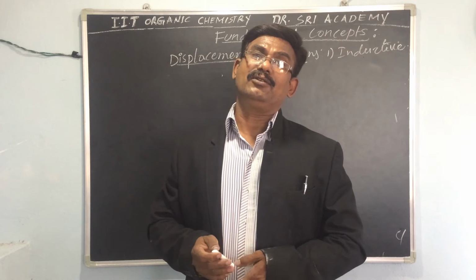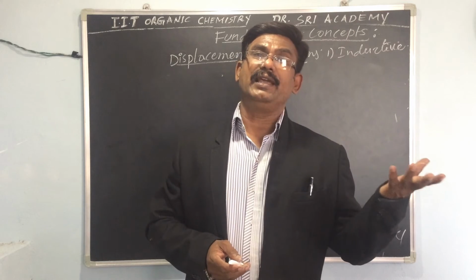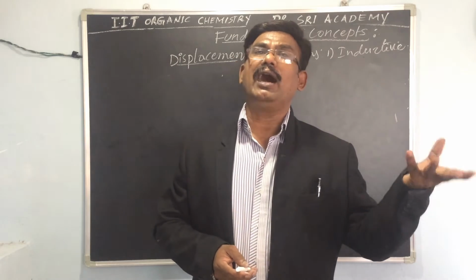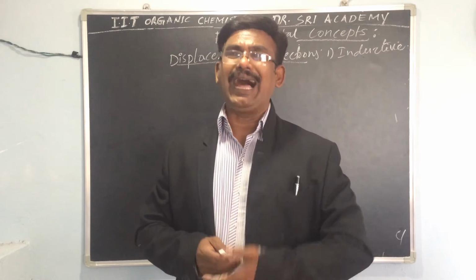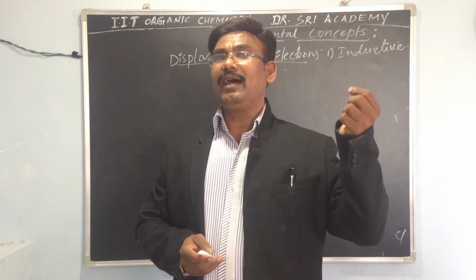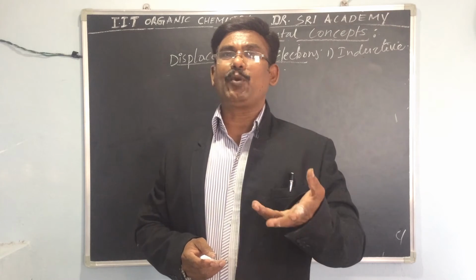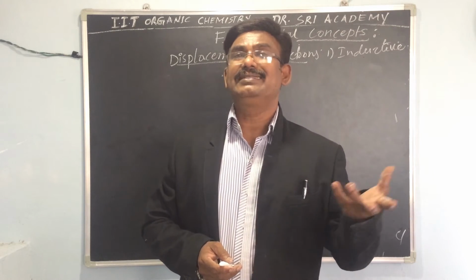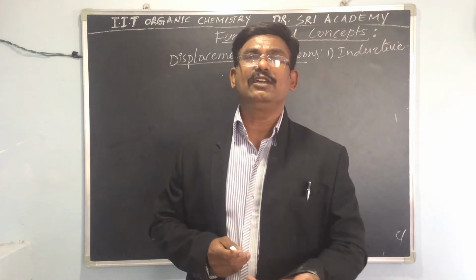So what are the electron releasing groups? Definitely we know the alkyl group is the releasing group. Alkyl group means methyl, ethyl, isopropyl, and isobutyl. These are the electron releasing groups.